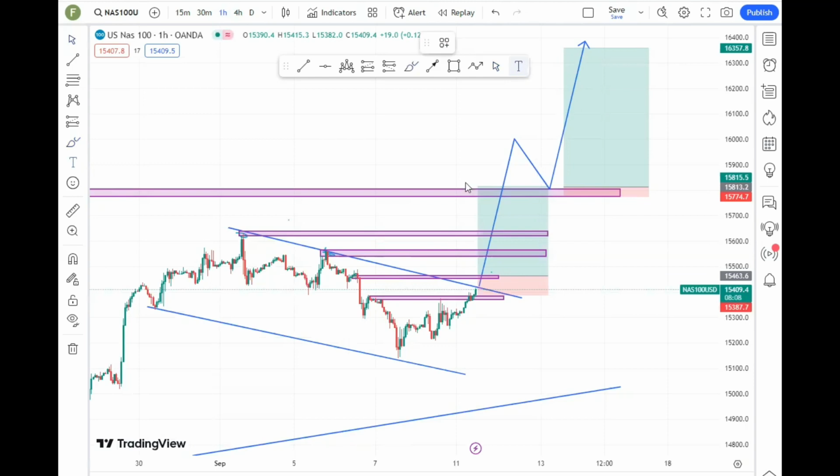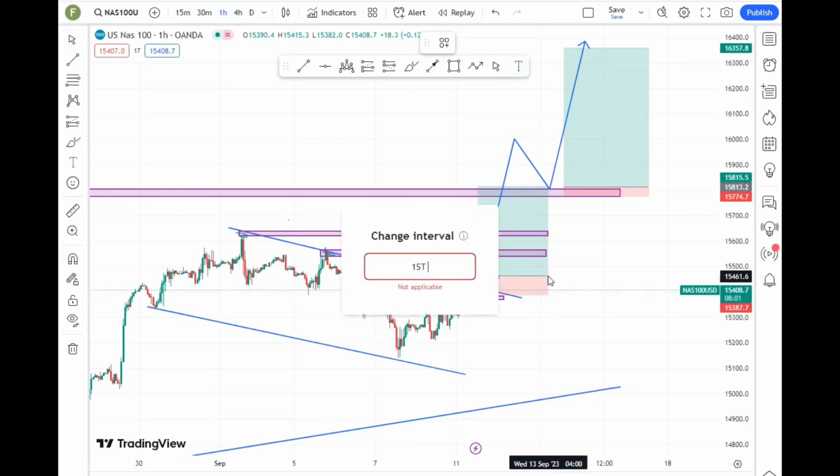Therefore it leads me to the conclusion that the Nasdaq is going to have a few more entry points, because this will be our first entry point.